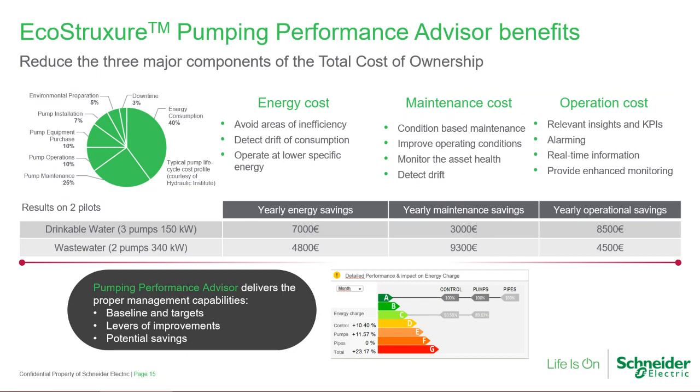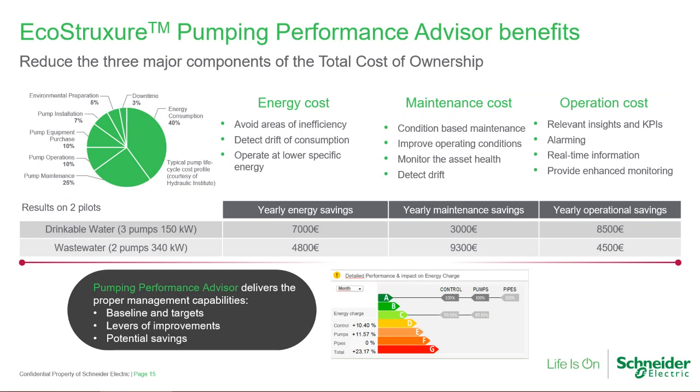From understanding what type of application you're utilizing, what type of functionality you're putting inside the system, and understanding the impact of those, we get this life cycle understanding through the total cost of ownership for that particular pumping set, and then driving yearly cost savings through energy cost savings, maintenance cost savings, and operational cost savings.